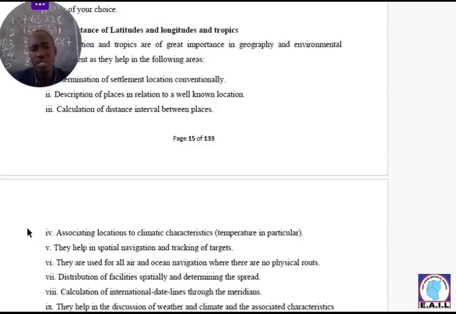We talked about the temperate, the tropical, and also the polar zones. So we shall use longitude and latitude to determine in which zone an area is located.